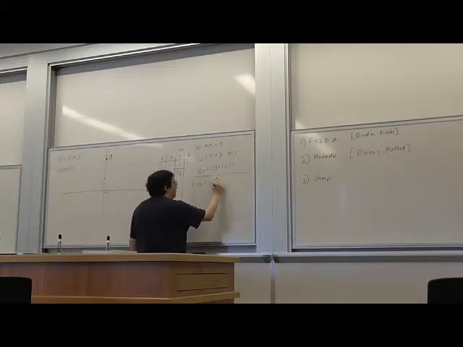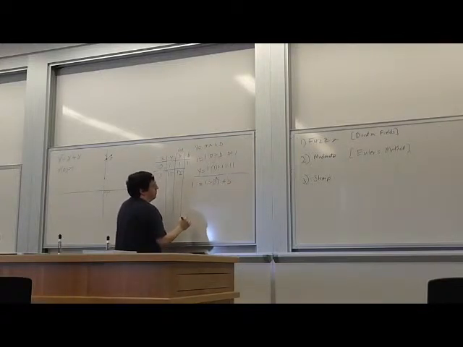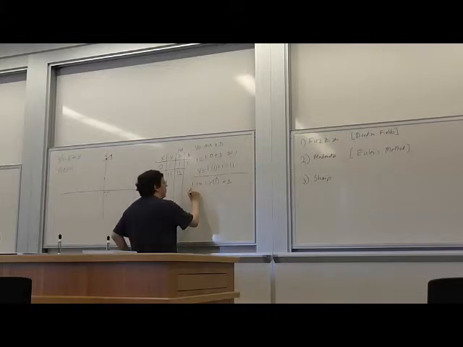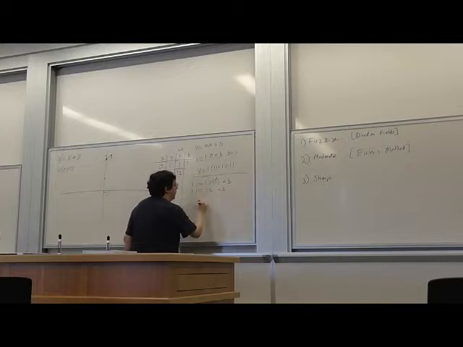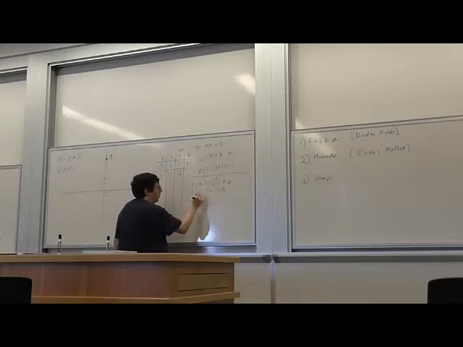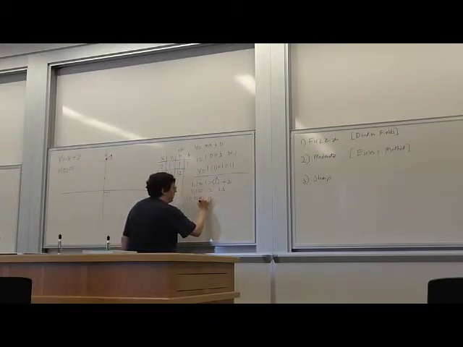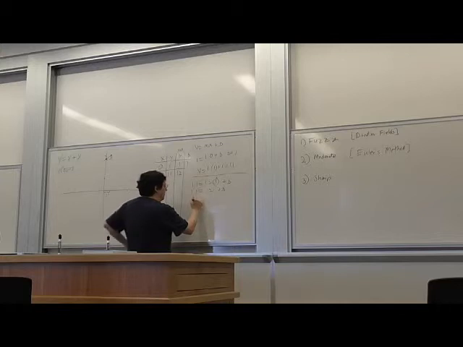Right, this is where I am now, plus b. So this is 1.1 equals 0.12 plus b, or 1.1 minus 0.12, 0.98. Okay, so thank you. 0.98 equals b.